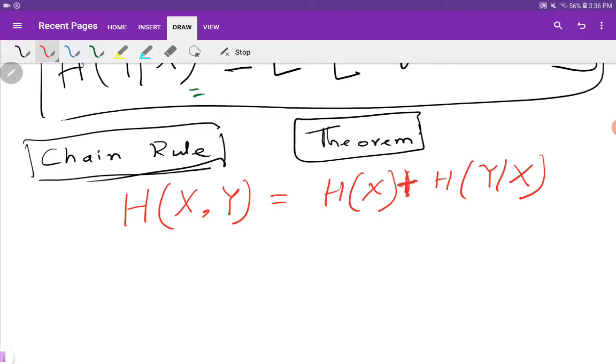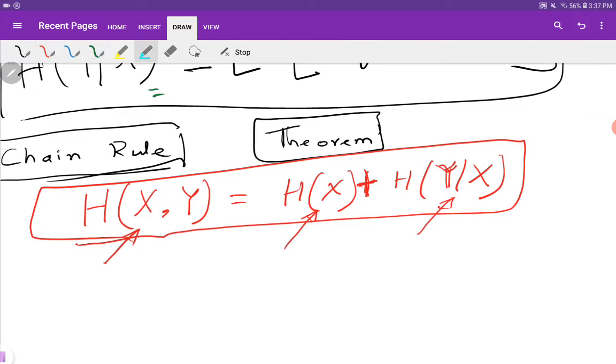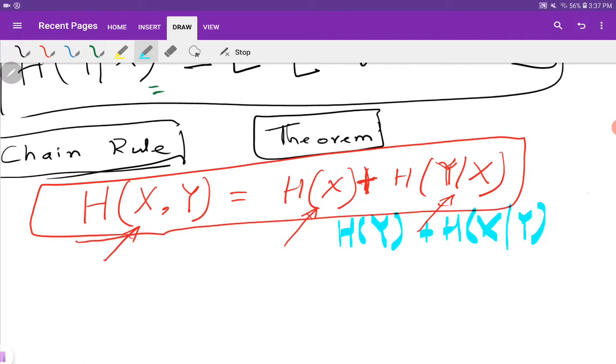It's probably very intuitive as to why this happens, right? Because the joint entropy is the sum of the entropy of the first random variable added to the entropy of the second random variable given the first random variable. And this is also equal to H of y plus H of x given y, because of symmetry.